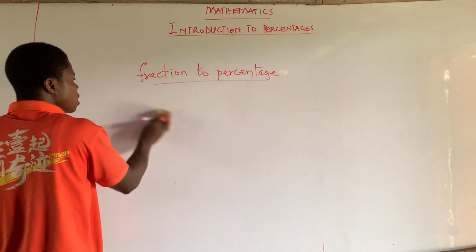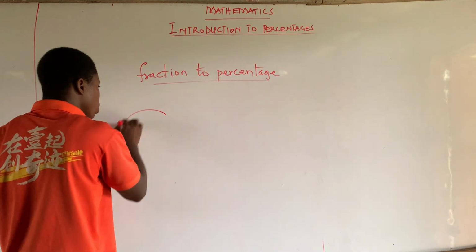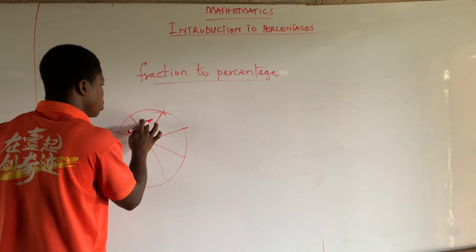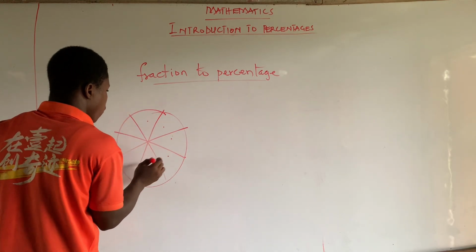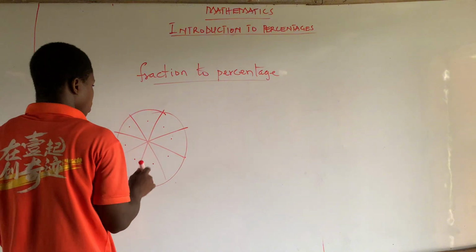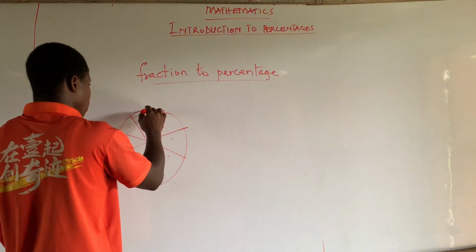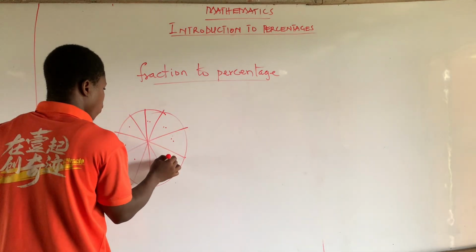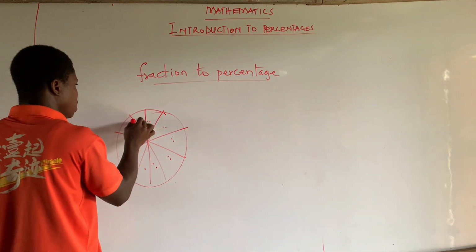In simple form, let me divide this cake: 1, 2, 3, 4, 5, 6, 7, 8, 9, 10.